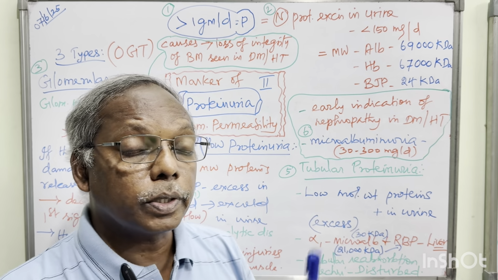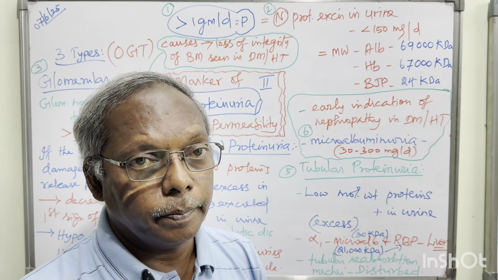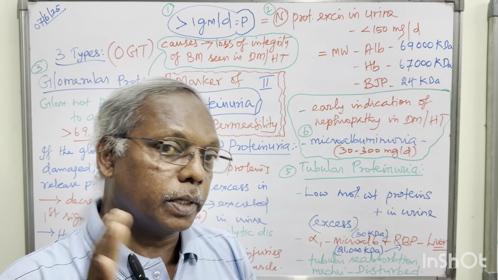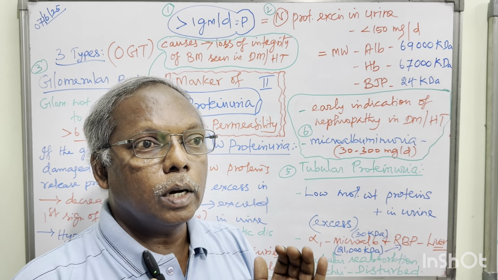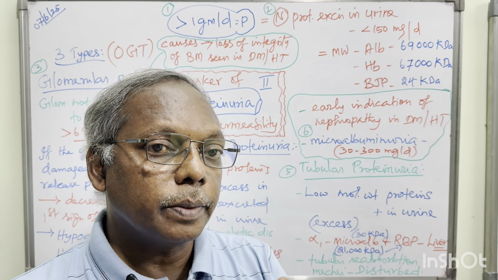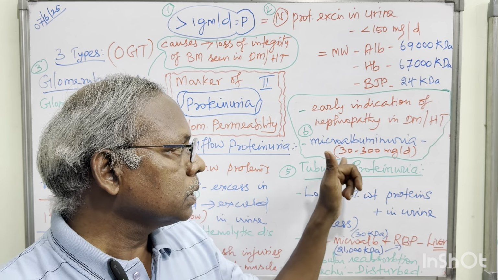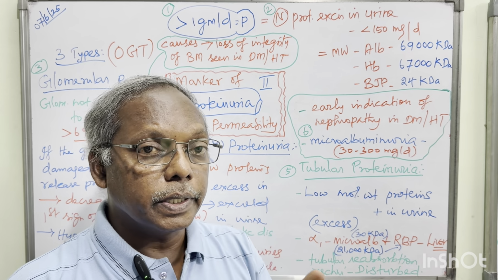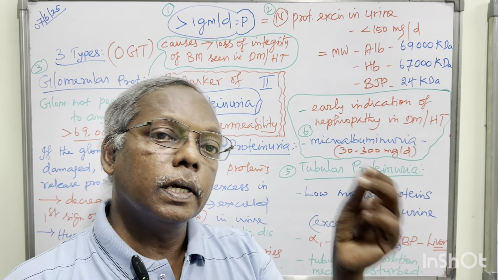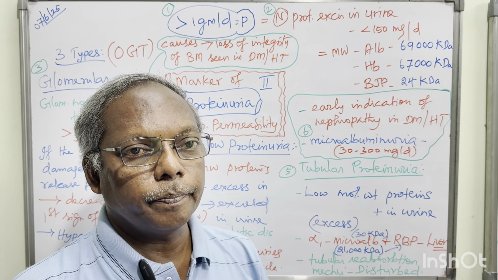And we have one more clinically significant proteinuria, microalbuminuria. Actually, the level is 30 to 300 milligram per day for microalbuminuria. Usually they divide it as 0 to 30 milligram per day, normoalbuminuria, that is the normal level for albumin. Suppose 30 to 300, that is microalbuminuria, the earliest sign of kidney damage for diabetic patients and hypertensive patients.